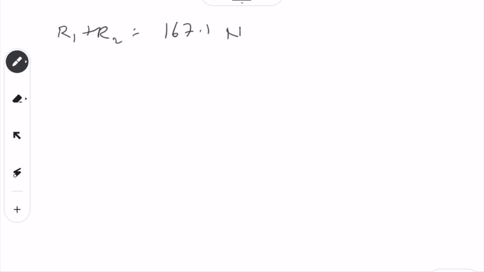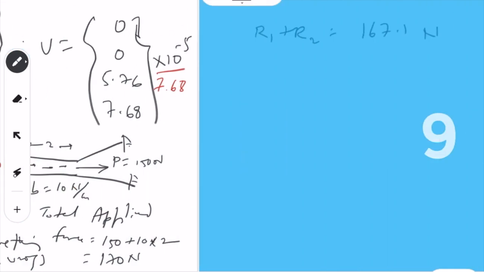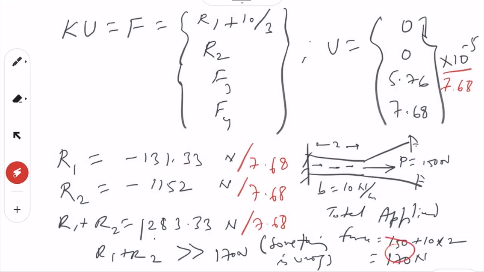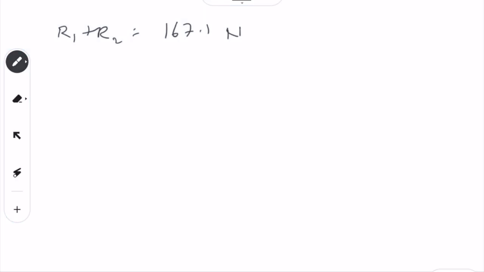Okay, and we calculated the applied force is equal to 170 Newton. So still we see the difference.